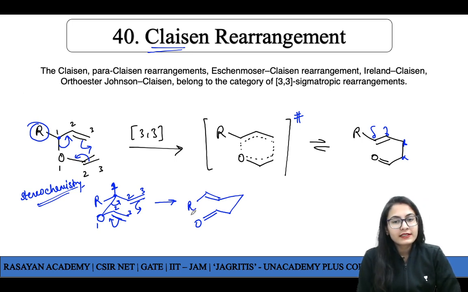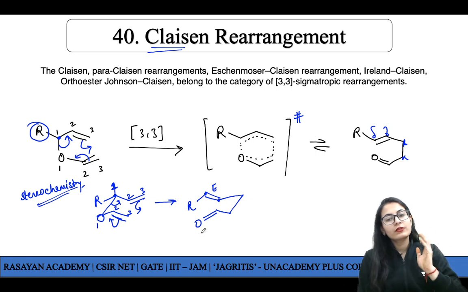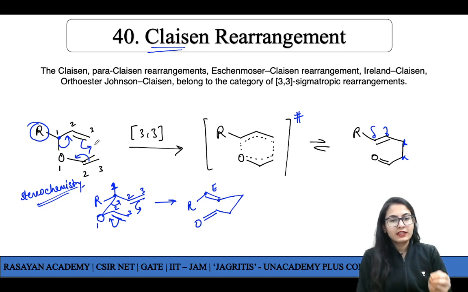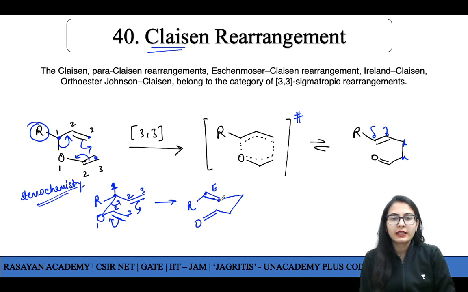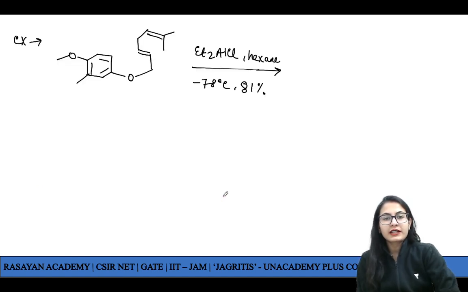So basically you are having a trans alkene, or an E alkene. You will be able to tell the stereochemistry of the product with respect to any group on this carbon, and it is predictable on this carbon too, leading to E or Z alkene formation. So very simple reactions.